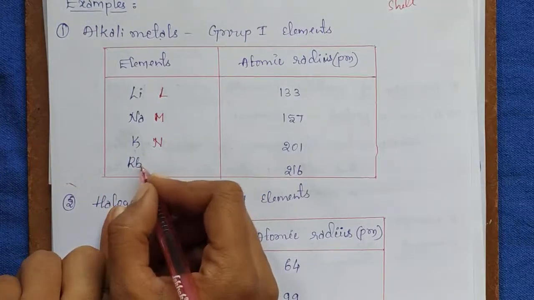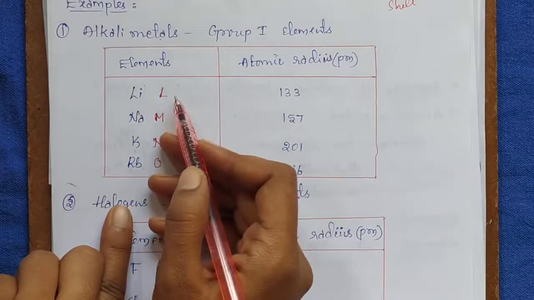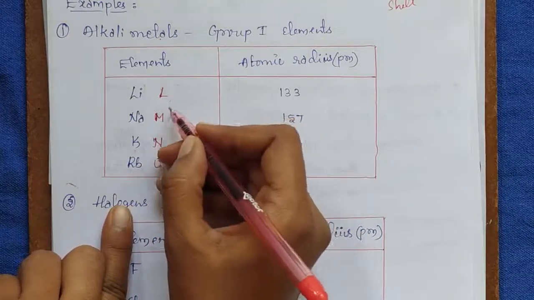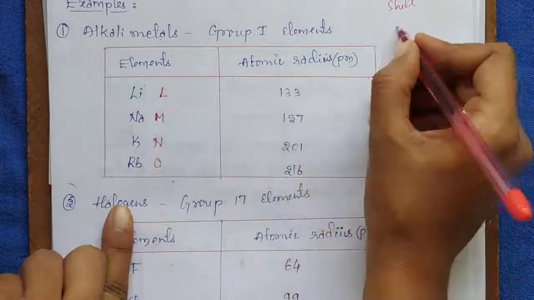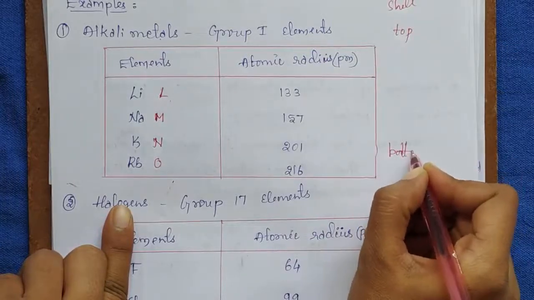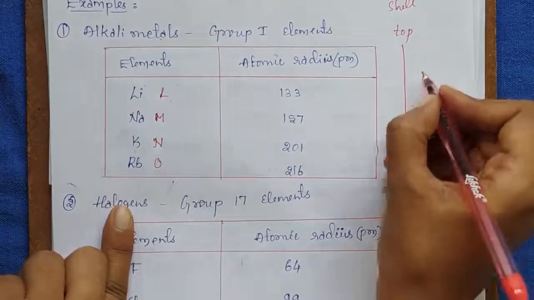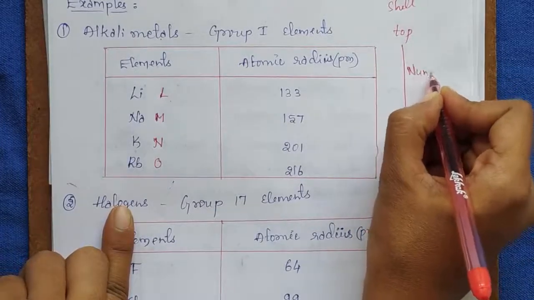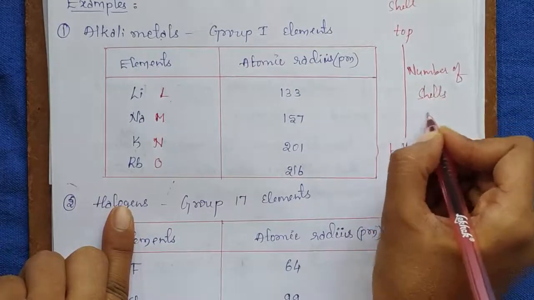In rubidium, it is placed in the O shell. So as we move from top to bottom in the group, the number of shells increases.